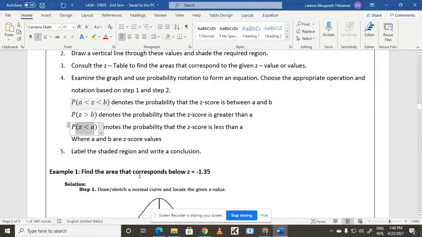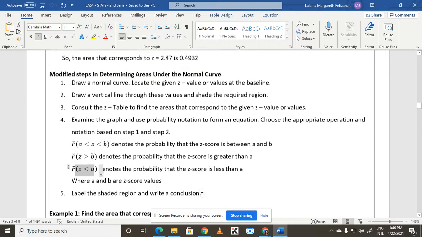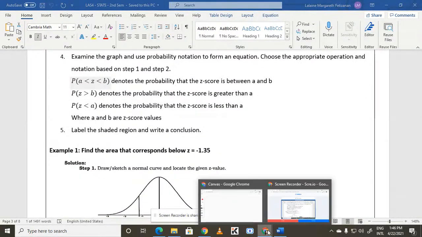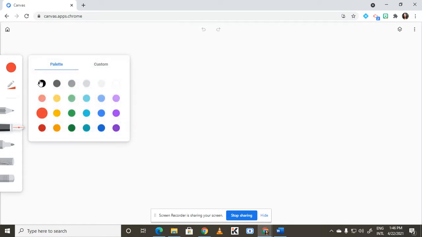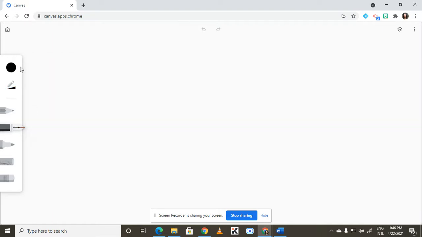So, let's discuss the first example in your learner activity sheet, which is find the area that corresponds below z equals negative 1.35. So, ang unang gagawin natin on the first step is you have to draw a normal curve. So, drawing nyo yung normal curve. So, again, habang nagdo-drawing, let's recall what is a standard normal curve. It is a bell shape.